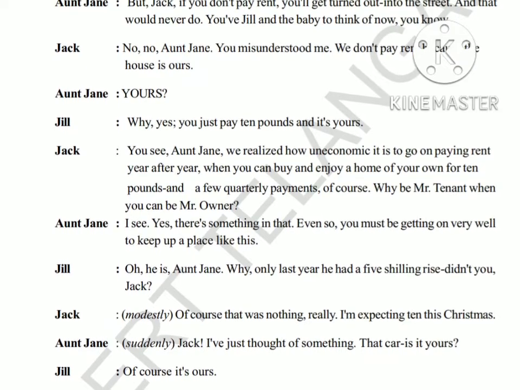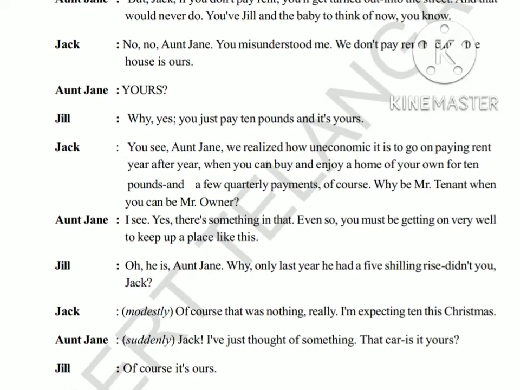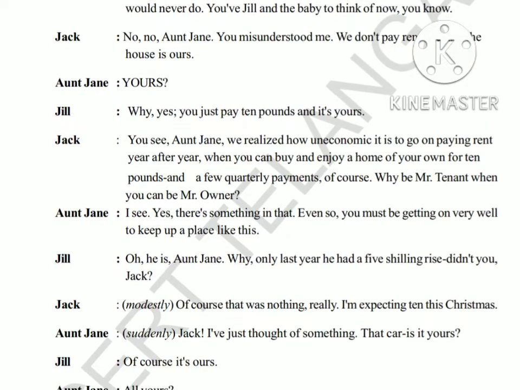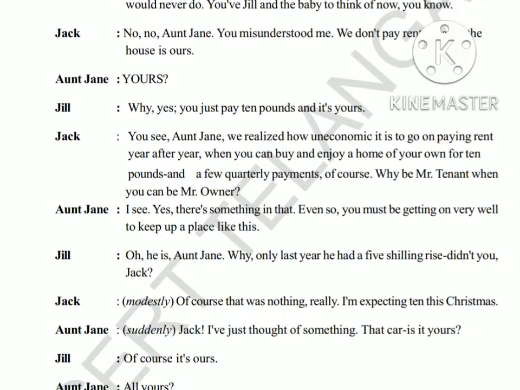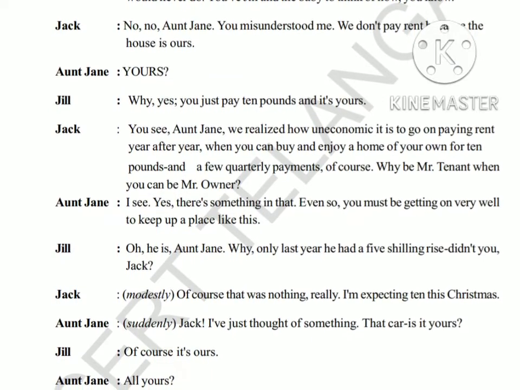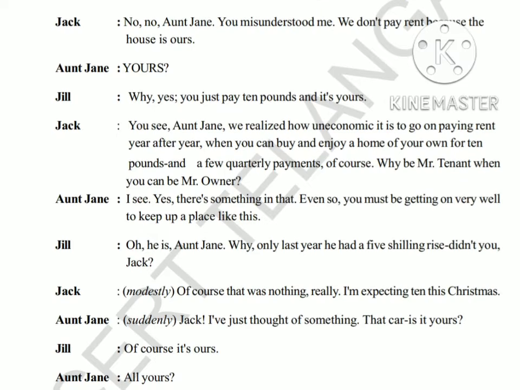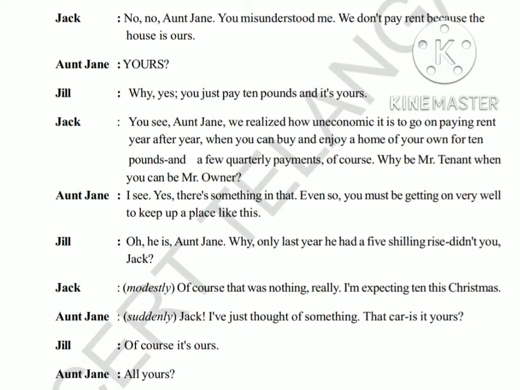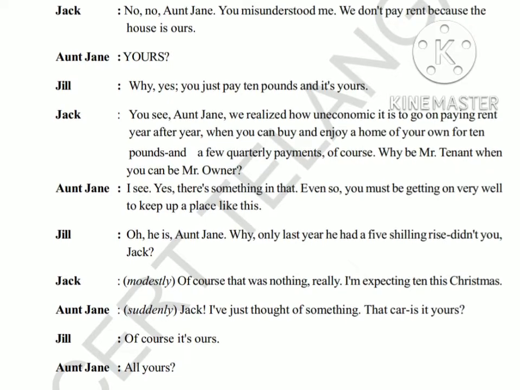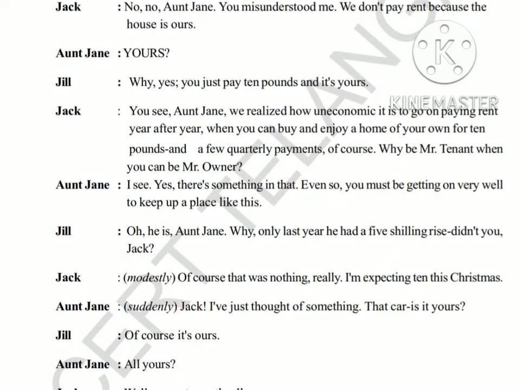So, like an installment, they are living. Actually £10 they have given as a token advance. After that, in monthly or yearly payments, two or three times only, they give a bulk amount. In such a way, instead of a tenant, we can be a Mr. Owner, as Jack suggests.